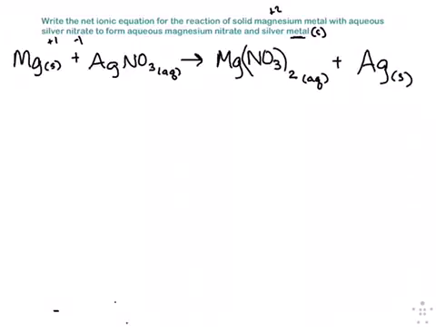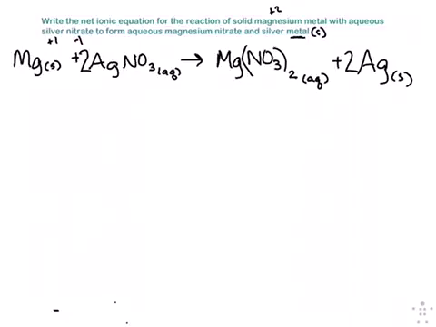Is silver a diatomic? Nope. Very good. All right, let's balance her up. Guide me. Cora? Silver nitrate, NO3 from the silver and the magnesium. Very good. I believe that is it.